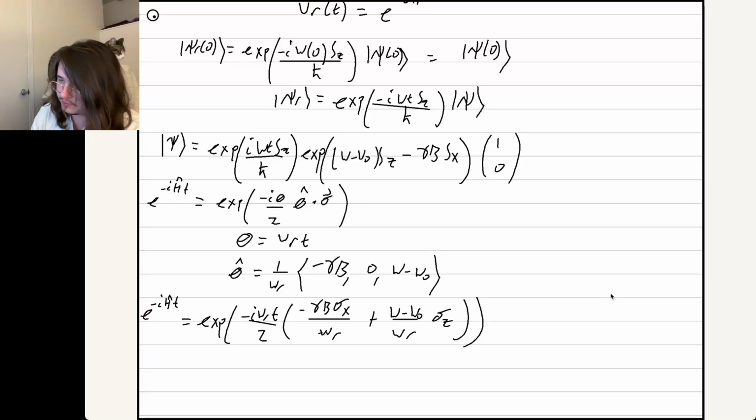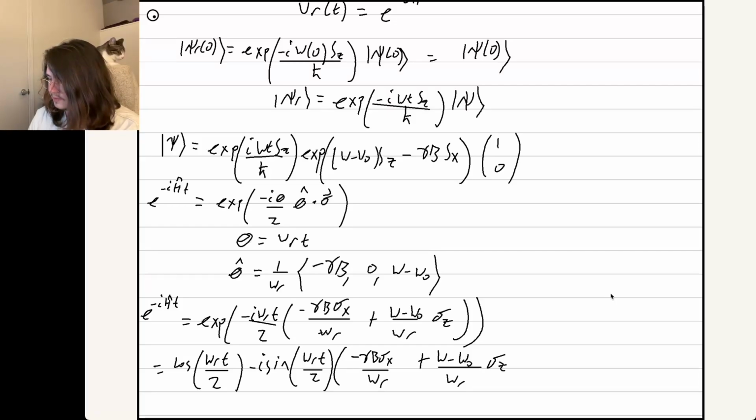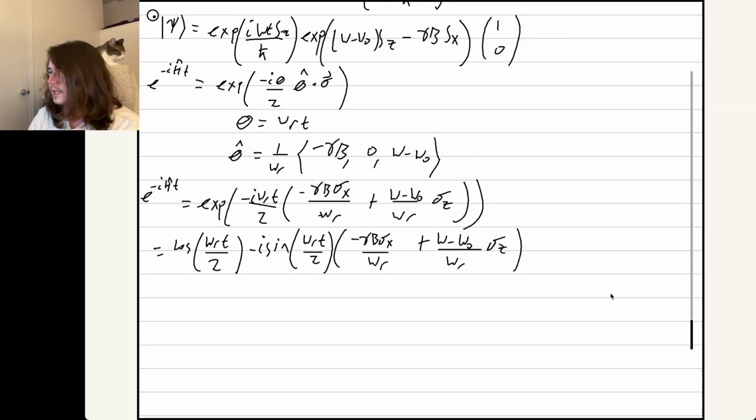And then, as you know, you can turn that into a cosine and a sine. So we'll have cosine of omega r t over 2 minus I sine omega r t over 2 times the dot product, minus gamma B sigma x over omega r plus omega minus omega naught over omega r times sigma z, which is the same thing as our time propagator.